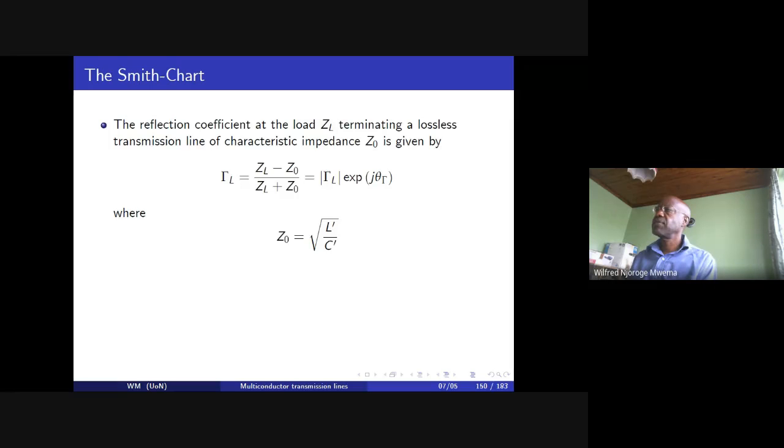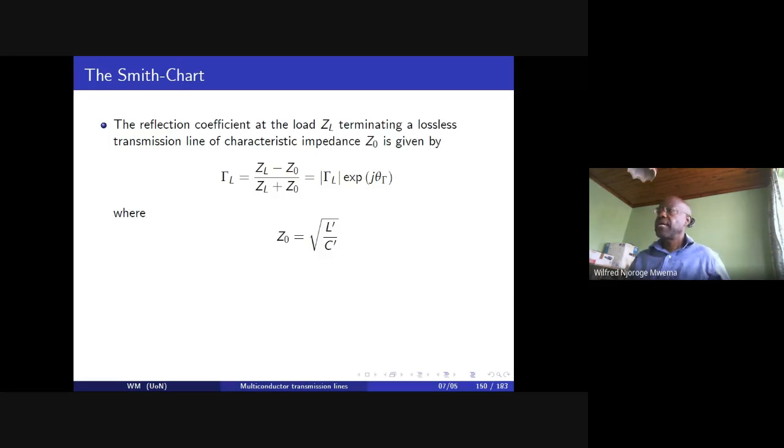And we saw that this could be written as the modulus of the reflection coefficient multiplied by the phase angle of that reflection coefficient, because whenever ZL is a complex impedance, or Z0 is a complex impedance as well, especially when we have losses. But this time we are dealing with a lossless transmission line, therefore Z naught is real, then the reflection coefficient will be in general a complex number.